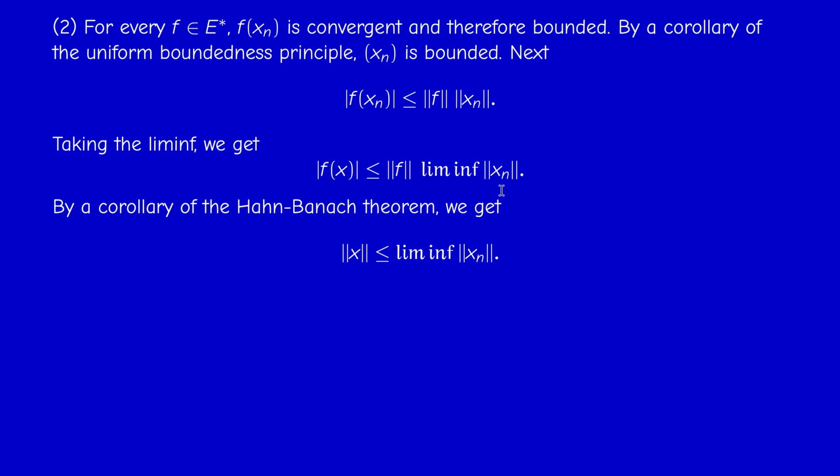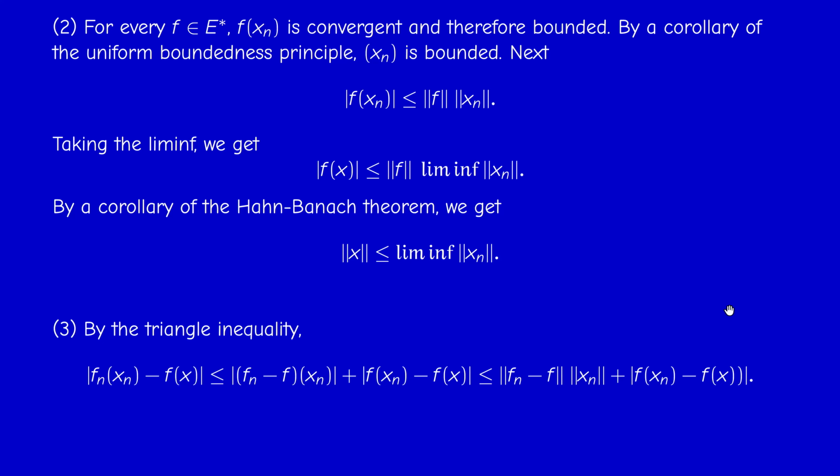Now I use a corollary of the Hahn-Banach theorem: in particular, this is less than the lim_inf of the norm of Xn for all f in the closed unit ball of E star. So the sup of this quantity when f is in the closed unit ball of E star is just the norm of X, by the corollary of the Hahn-Banach theorem, and therefore I get that.